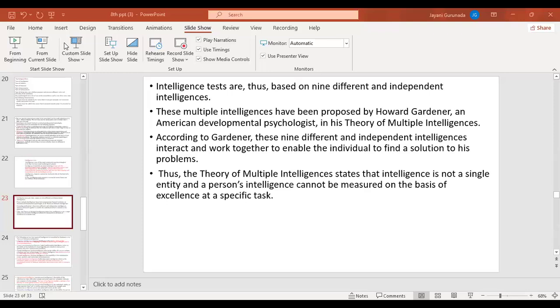Excuse me, ma'am. Yes, Matthias. In our notes of Howard Gardner's points, there are 9 types of intelligences. What is the 9th one? Existential intelligence. Is it coming together with naturalistic or is it the 9th one?